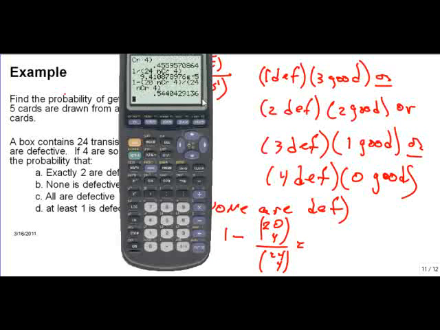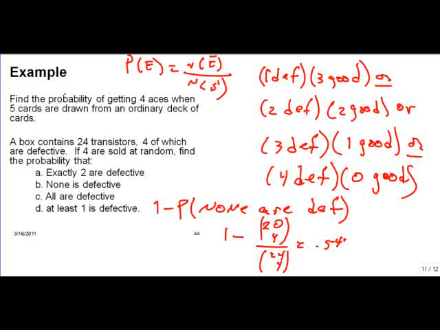So the probability is going to be 0.5440. So when you take a look at something like at least one defective, and you've got a lot to compute, then you may want to consider complementary probability. So that's the trick on that one.